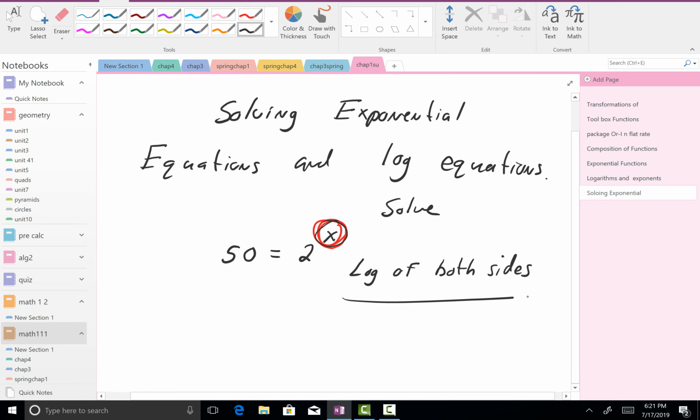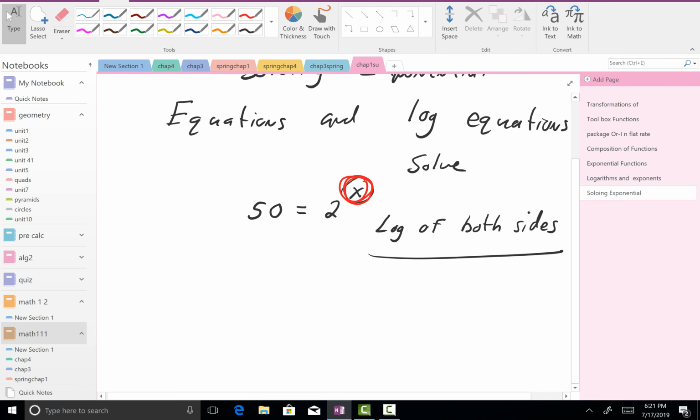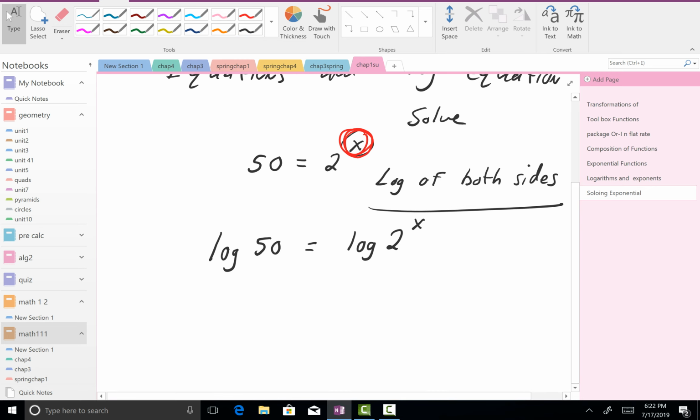So you're going to take the log of both sides, just like you would multiply or divide or something like that. So we're going to go log of 50 equals the log of 2 to the x. All right, and you can do that. It doesn't change anything because we're taking it to both sides, so the balance stays even.